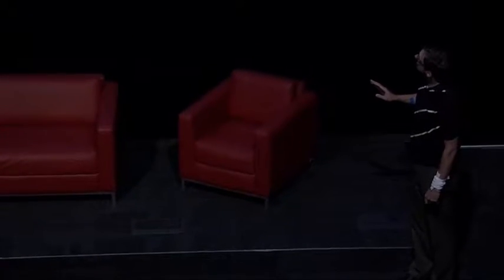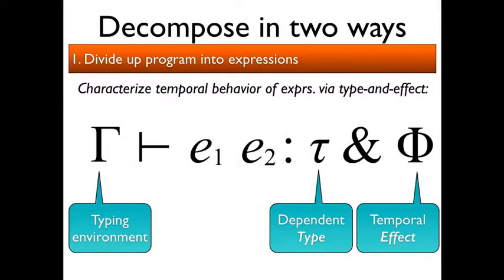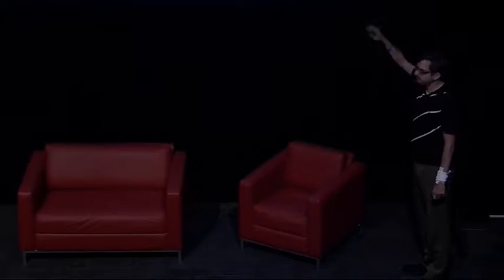Once we do that, we can fairly straightforwardly create a type and effect system where, for example, a function application will have some type. We found it useful to work with dependent refinement types and a temporal effect on the right-hand side of the ampersand.